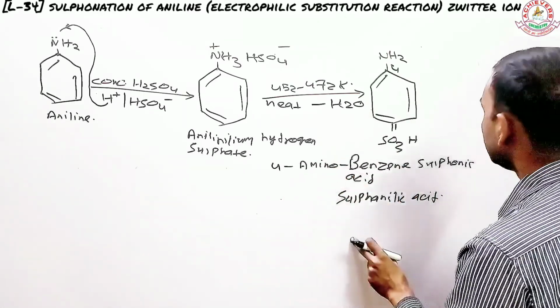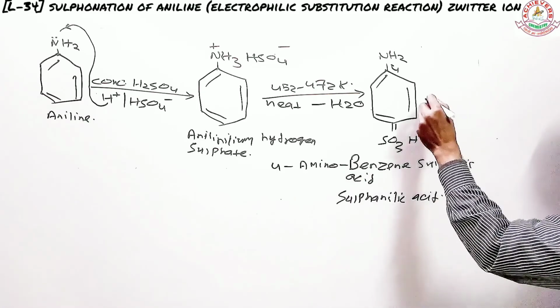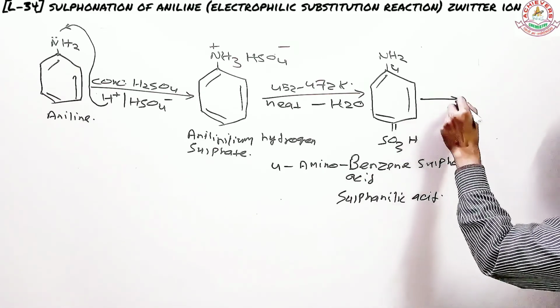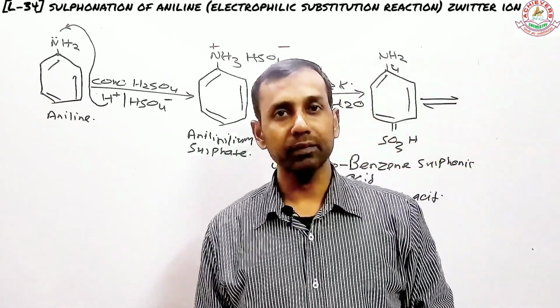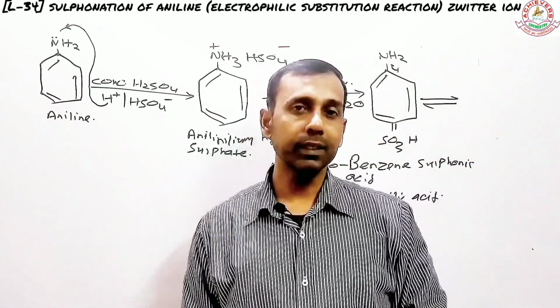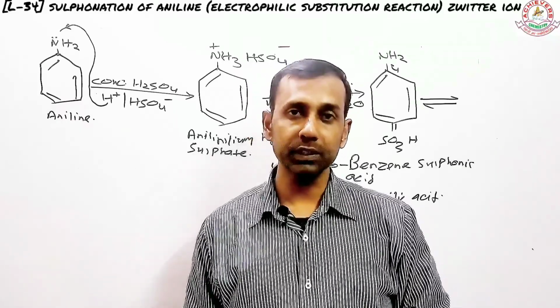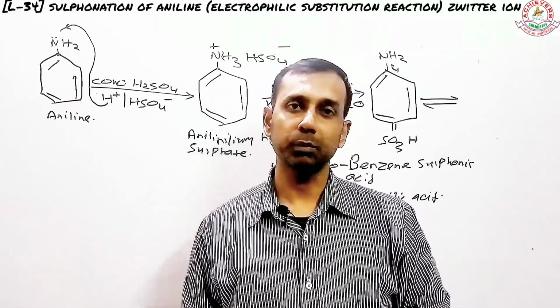Which I misread earlier. Now in the last step, there is something very important coming up here. Let me introduce you to it. Have you ever heard about Zwitter ion? In case you have not, this is really a hell of a topic, very important for the board exam or for any competitive exam you might be thinking of.